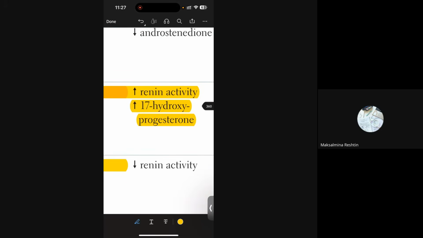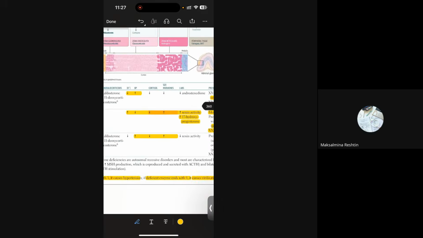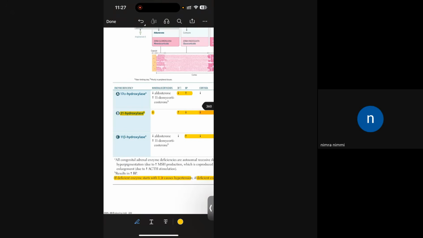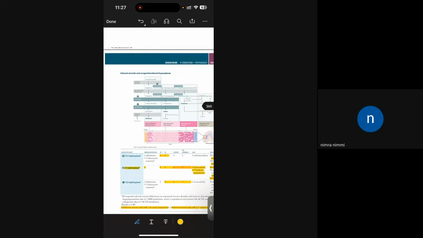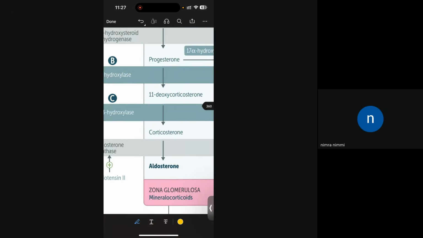17-hydroxyprogesterone levels are elevated in 21-hydroxylase. It is clearly mentioned in the table. At what reaction is 21-hydroxylase involved?